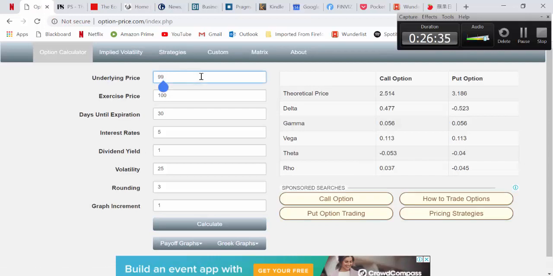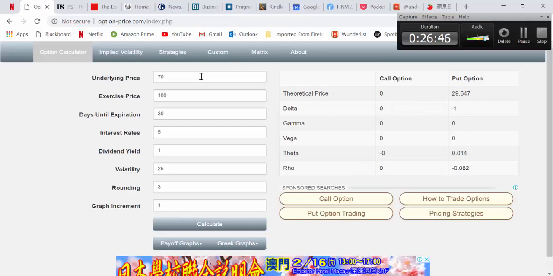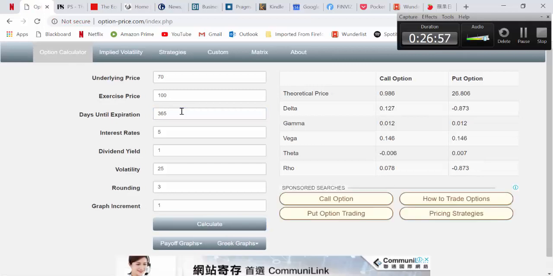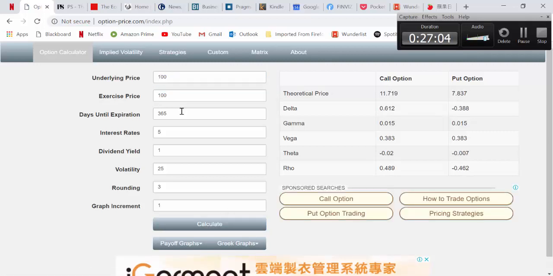But if your underlying is at, let's say, 70, okay? So now for your call, in fact, it's not really meaningful because everything is zeroed out. Let me try and increase the tenor. Okay, so now if you have a 1-year option at the money, your delta is 0.61.